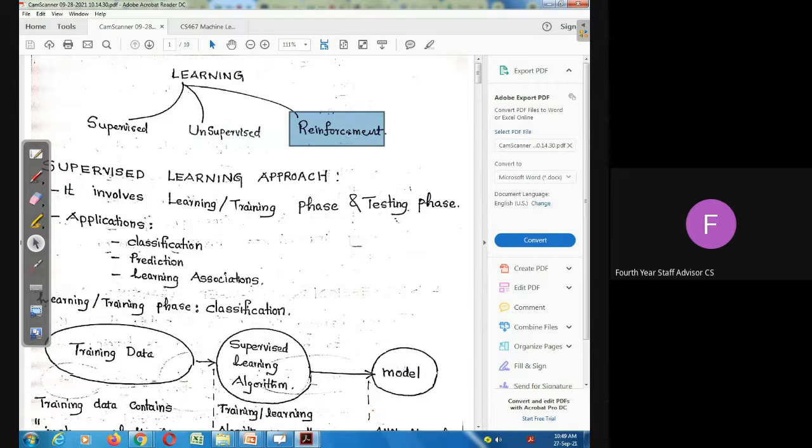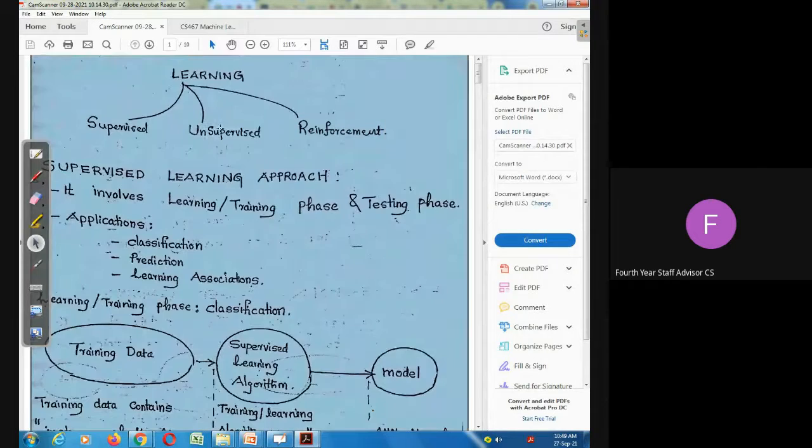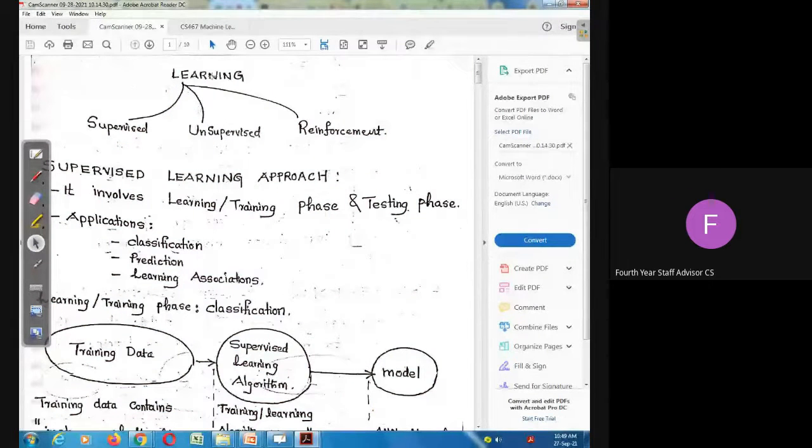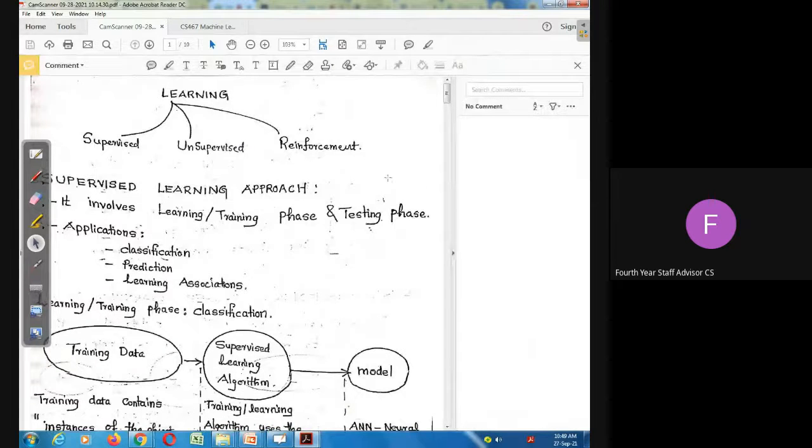By using these learning methods, a machine learning algorithm solves a given problem. These are the different types of learning: supervised, unsupervised, reinforcement learning.